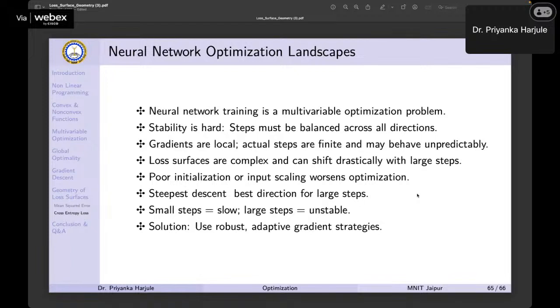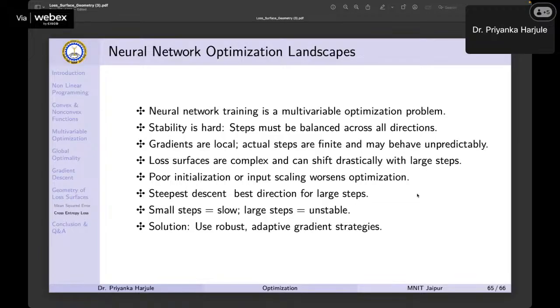As a result, the very easily computable steepest descent direction is also often not the best direction to use for retaining the ability to use large steps.